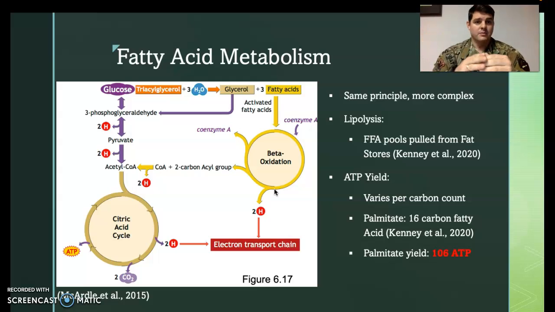These free fatty acid pools are coming from the fat stores within the body, Kinney et al. 2020. The yield is going to vary per the carbon content of whatever those free fatty acids are. The example provided was that palmitate, a 16 carbon fatty acid, would yield an ATP yield of 106.